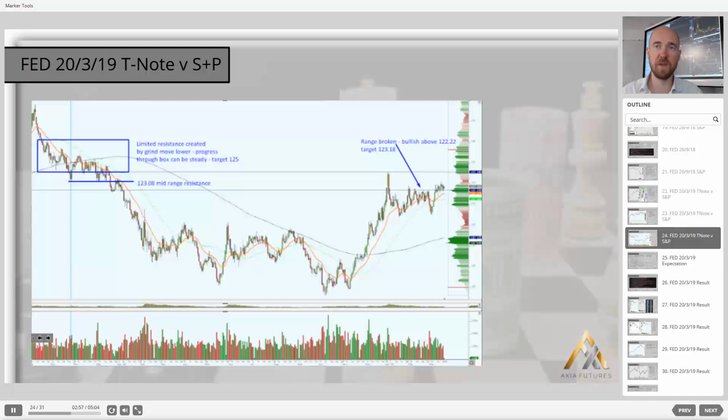Because you've had a grind down, and this is a key part of technical analysis, any move that falls in a grind doesn't provide a great deal of resistance on the way back, because as each small level established within that grind breaks, that gets a few people out and a few new positions long, and in doing that moves you up to the next small level, and as that breaks you then get another entry of new longs, exit of some shorts, and that takes you up to the next level.